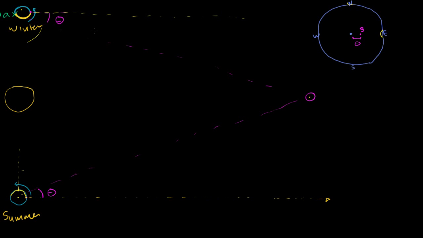Our winter sun, I'll do it in a slightly different color, will be setting on the west. And now the apparent direction of that star is going to be in the direction of the sun again. But it's going to be shifted away from center. So it's going to be to the right of center. Sorry, to the left of center. So it's going to be right over here.